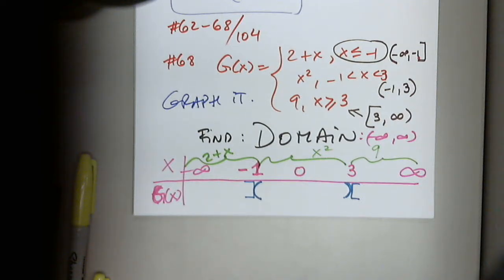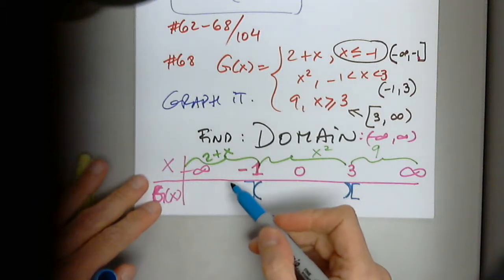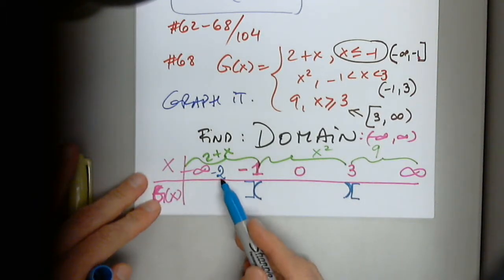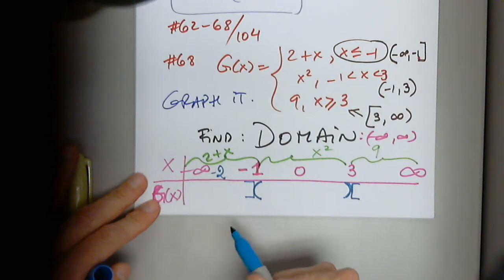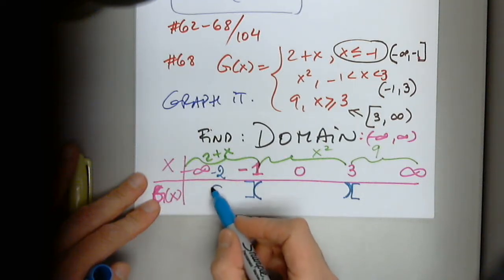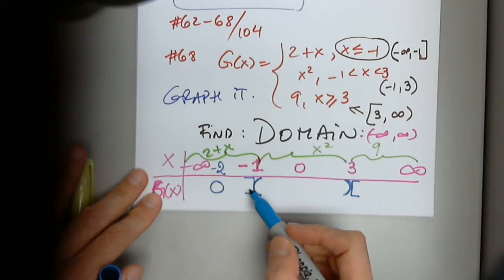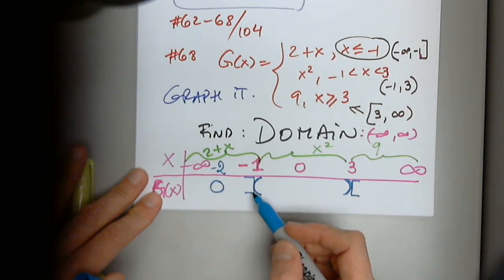What about this? Linear. I need 2 points. Good. So now, to the left of negative 1, of course I'm going to use negative 2. Why? Because when I plug in negative 2, what do I get? Perfect. Please plug in negative 1 and write inside the bracket a number. Which number?